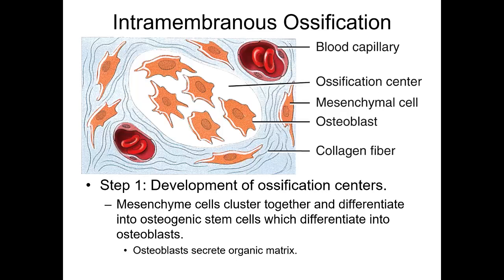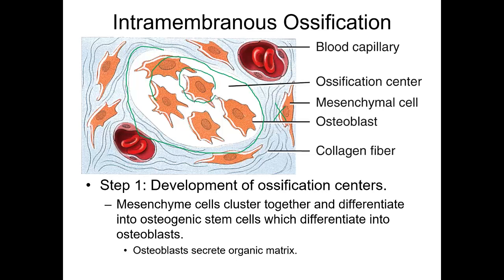The mesenchyme cells come together and differentiate into osteogenic stem cells, which differentiate into osteoblasts. Over here, you can see a rough ossification center that has formed, with mesenchyme cells clustered together right here, and osteoblasts have come together.